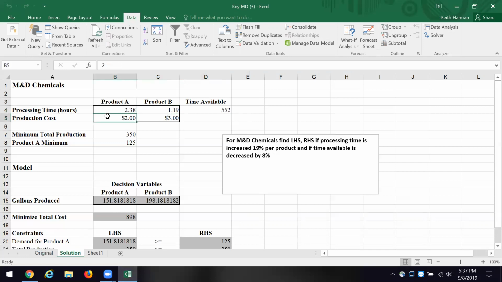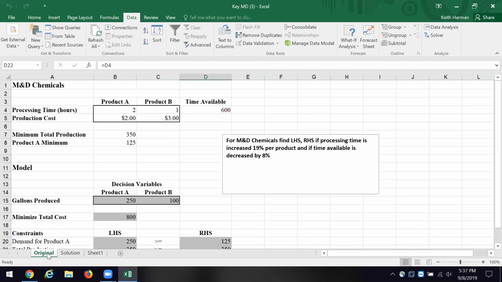And then the production cost, nothing has happened there. However, you and I would both intuitively know that if it takes me more time to process product A, even if the production cost stays the same per unit, it's still going to cost me more. That's only common sense. In fact, the cost should go up 19%. Look at it here for the original.